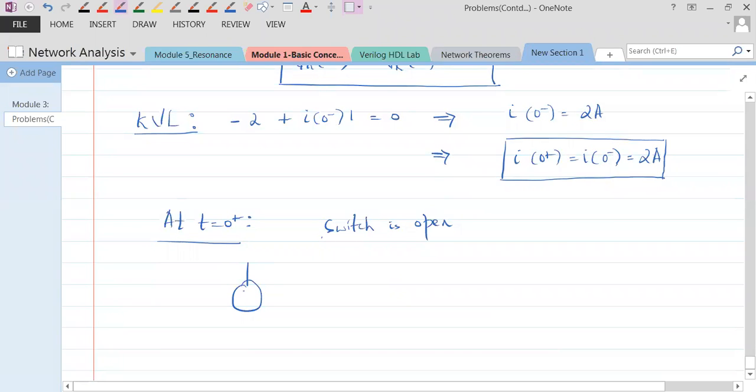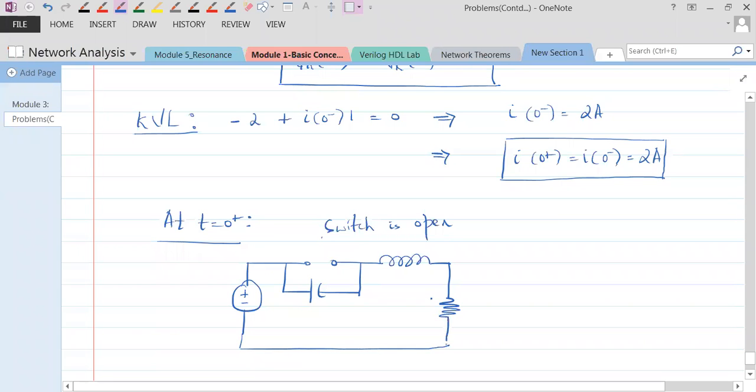The circuit would look like this. The switch is open. Across that you have the capacitor. Then you have the inductor and the resistor like this. So this is half farad, this is 2 volts, 1 Henry and 1 ohm.